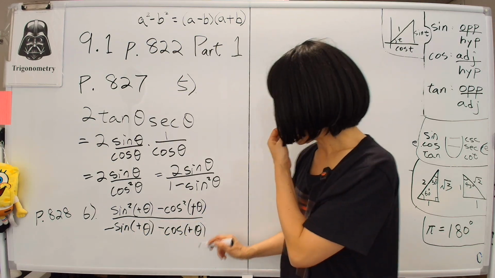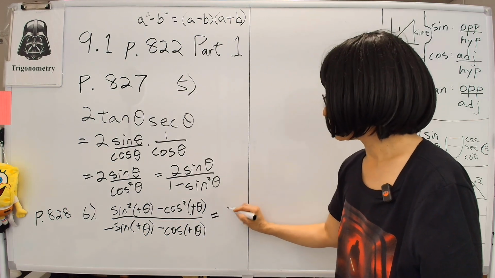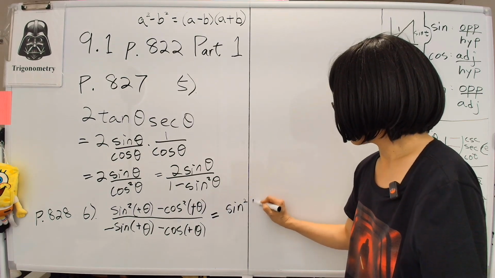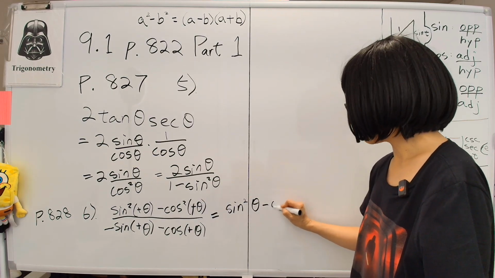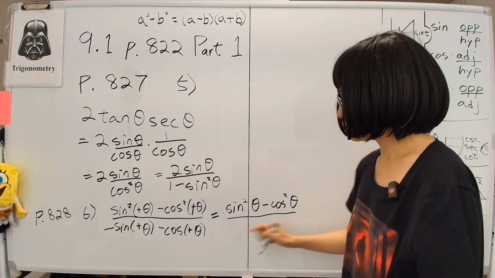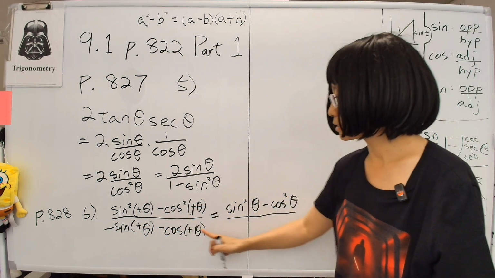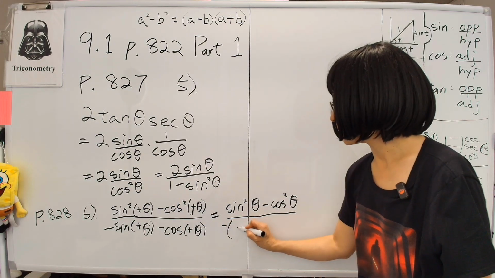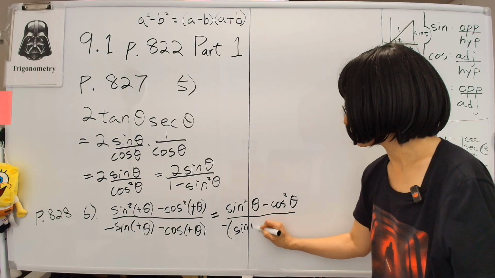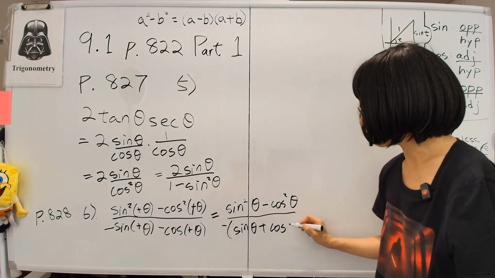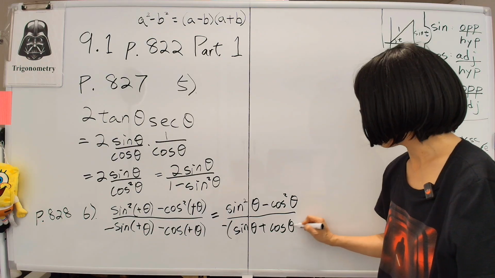So let's rewrite this thing to make it a little better. That would be equal to sine squared theta minus cosine squared theta. And then what about the bottom? We'll factor out the minus sign, so that it becomes sine theta plus cosine theta, because we have taken out the negative sign and factored it out in front.